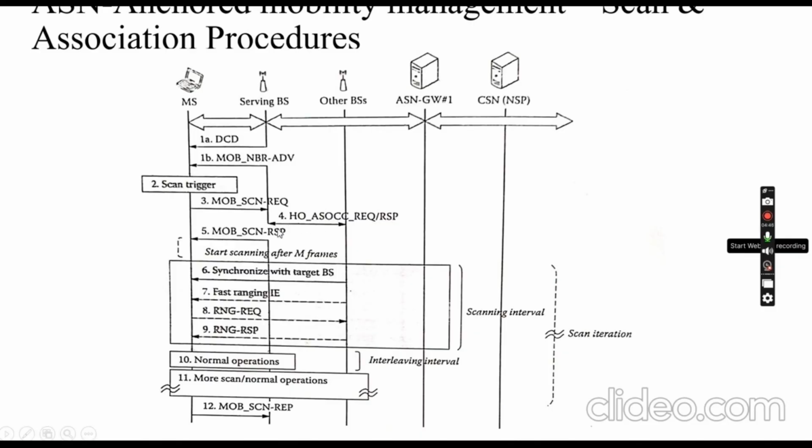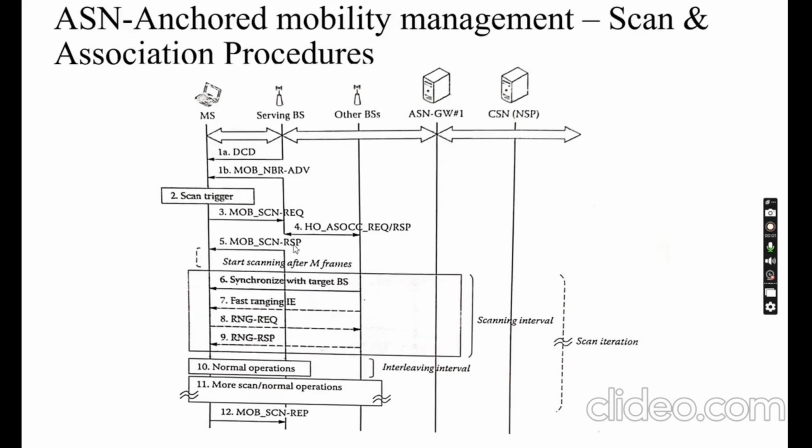For that, control signals are transferred with the other base stations. After communicating with the other base stations, the serving base station will send a scan response, RSP, to the mobile station. This message contains the updated list of the other base stations and their details, to help the mobile station have a proper handover.